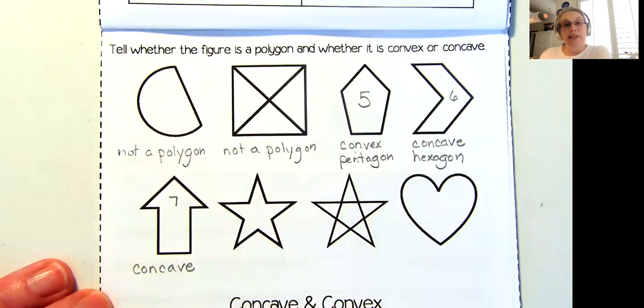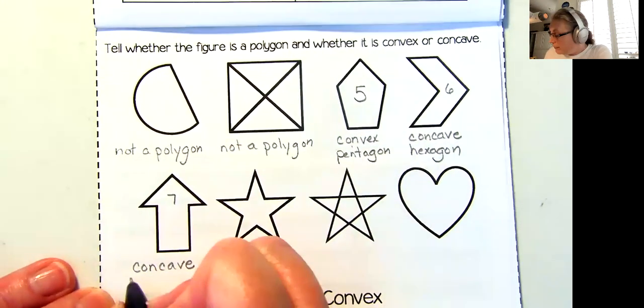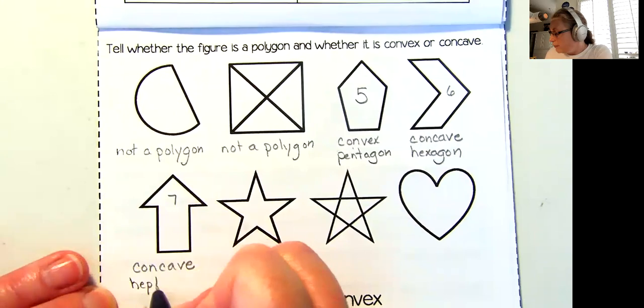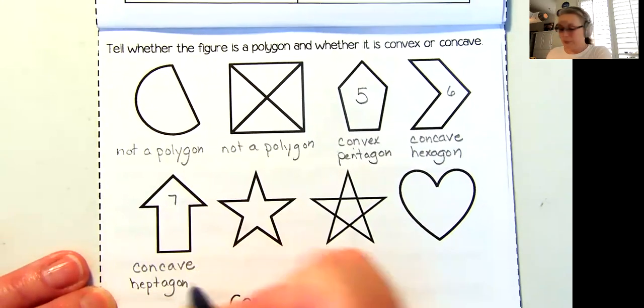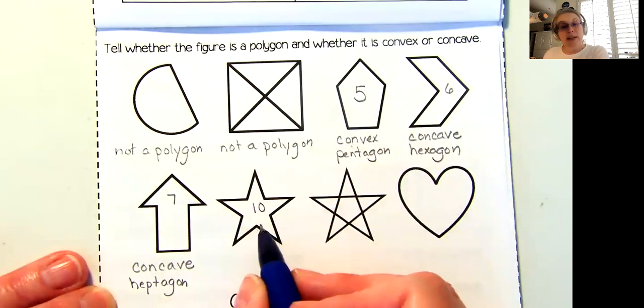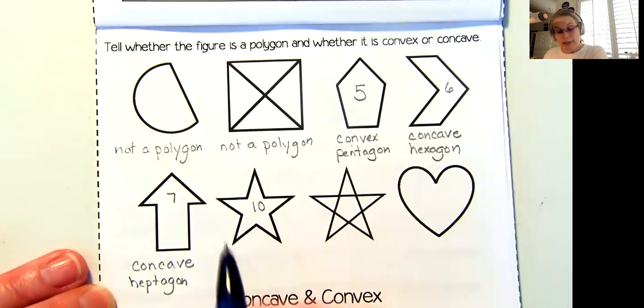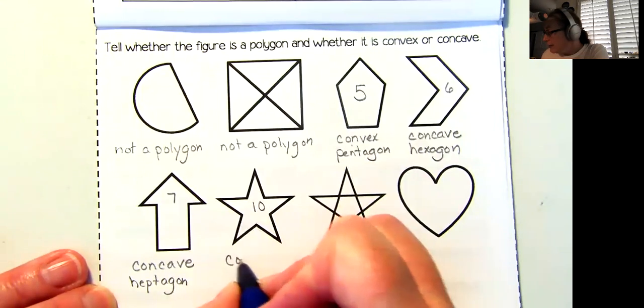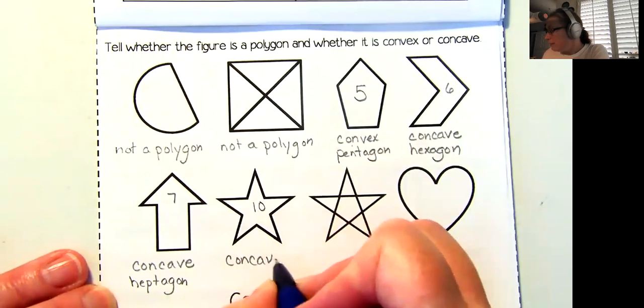A 7-sided figure is a heptagon, so concave heptagon. This one here has 10 sides. Again, it's caving in, it is a polygon, and this one is a concave decagon.